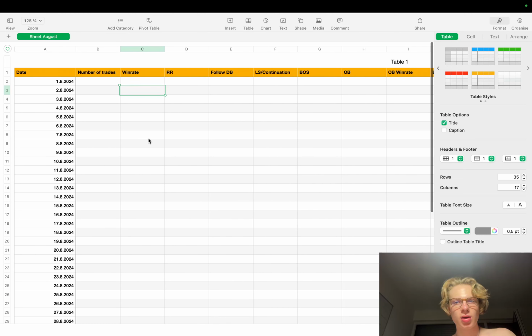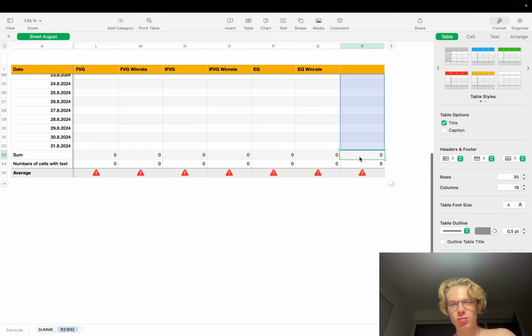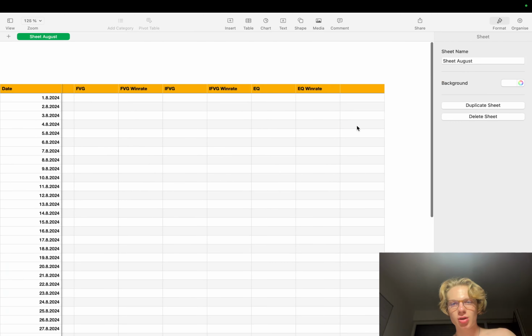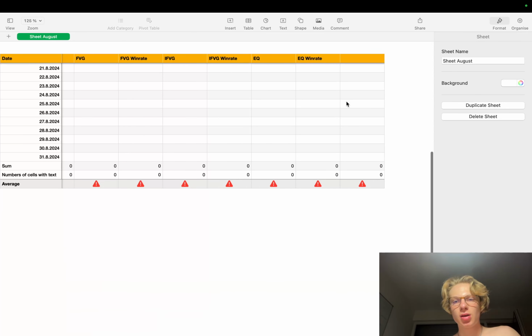Let's say you have some more confluences, you just add them like this, and then in the end this will be copied here automatically, so you don't even have to add any new terms.